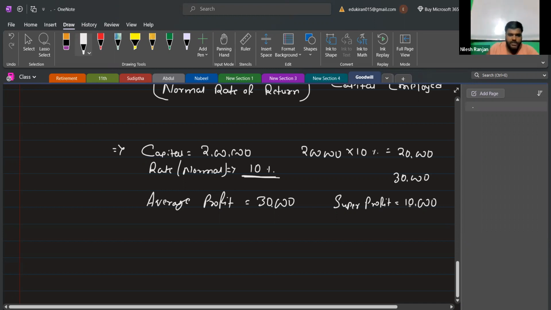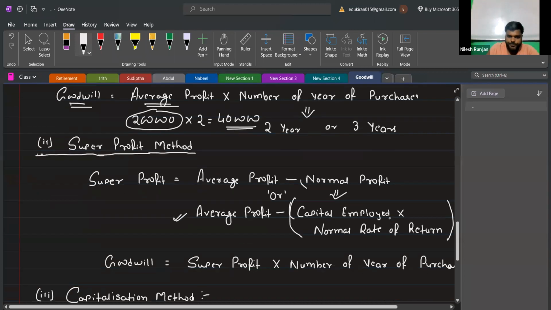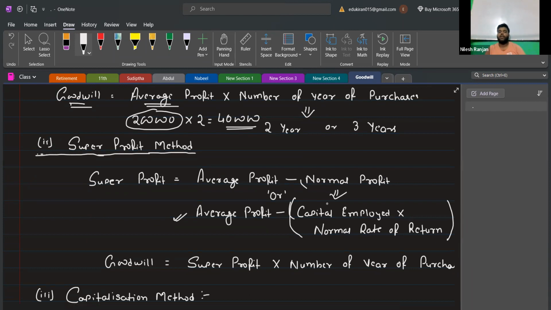Very good. Is there any doubt up to this topic? No, sir. So this is how we calculate our average profit and normal profit. Now a question arises here.